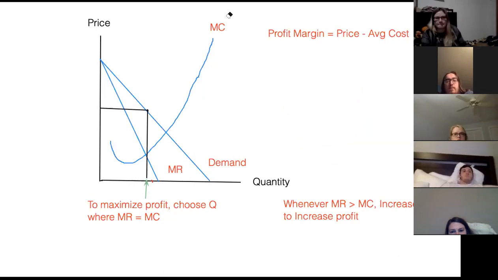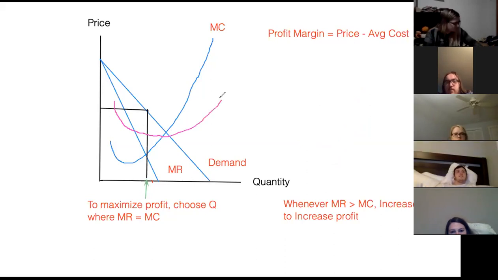Okay, now let's go back to what I was going to say before. We're going to draw our average cost curve in wherever it happens to be. Let's say it is right here. It's going to look like that.